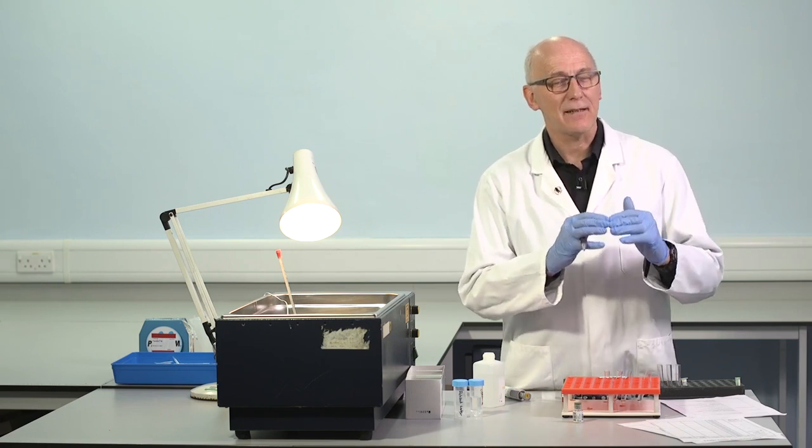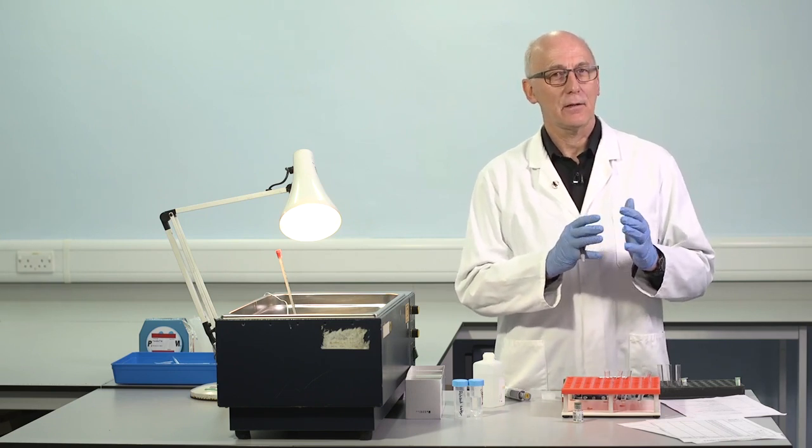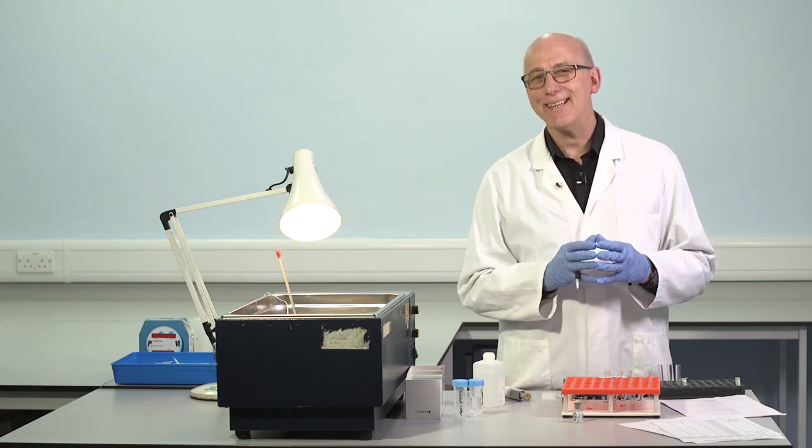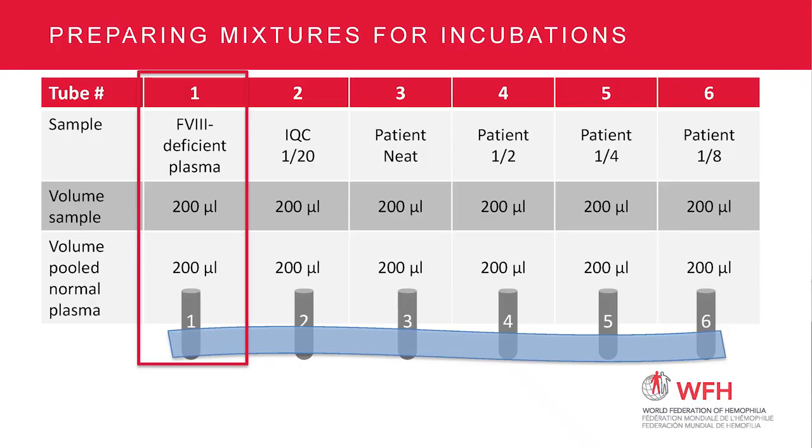It usually drops a little during the 2 hours. It's not 100 international units per deciliter. Remember what went into that control mixture. Half factor VIII deficient, nothing in it, no factor VIII. Half pooled normal plasma. Pooled normal plasma might be 90 international units per deciliter, might be 100, might be 105, somewhere close to 100.